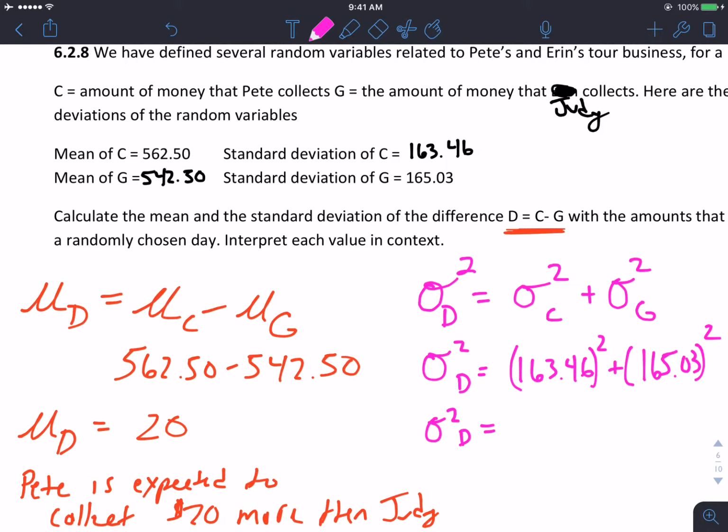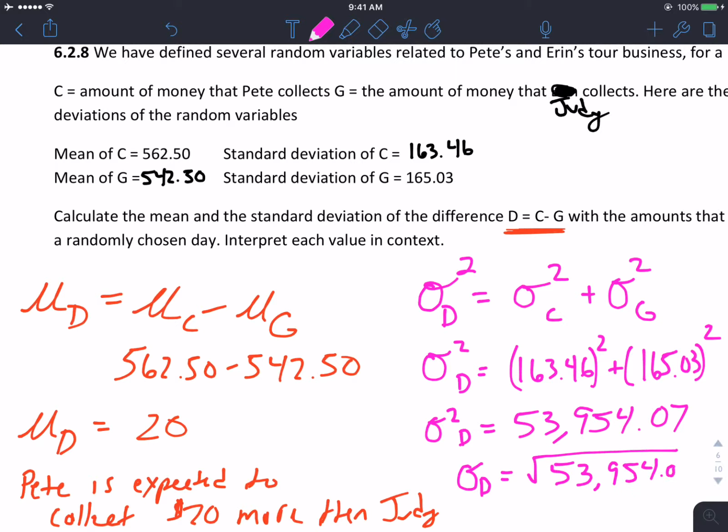And if you were to calculate that out, that's $53,954.07. So that is the variance. To get the standard deviation, you need to take the square root. And what that is, $232.28.